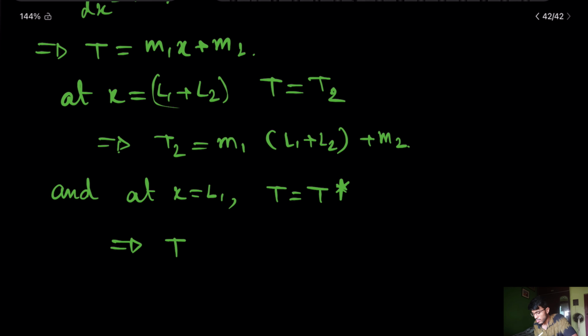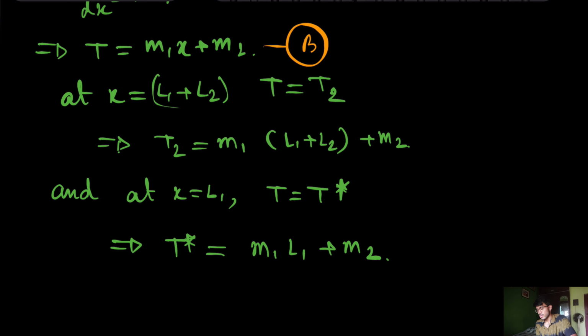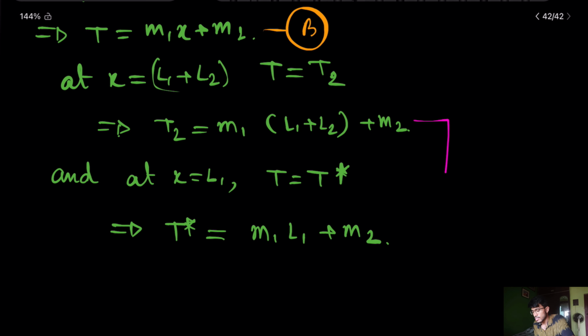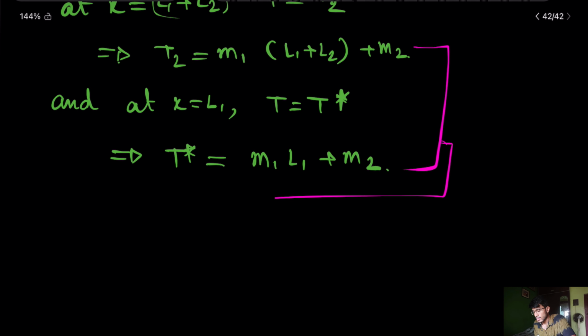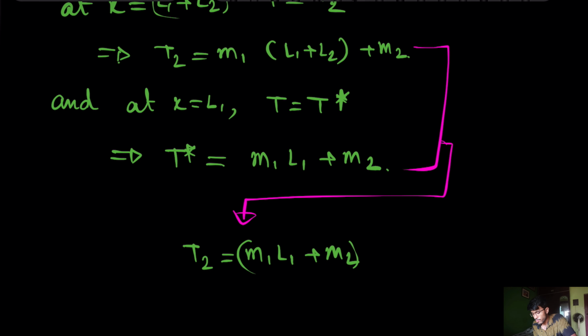Therefore, if I put this condition into this equation, it is B. So T star is equal to M1 L1 plus M2. From these two equations, let us find the value of M1 and M2. T2 is equal to M1 L1 plus M2 plus M1 L2.